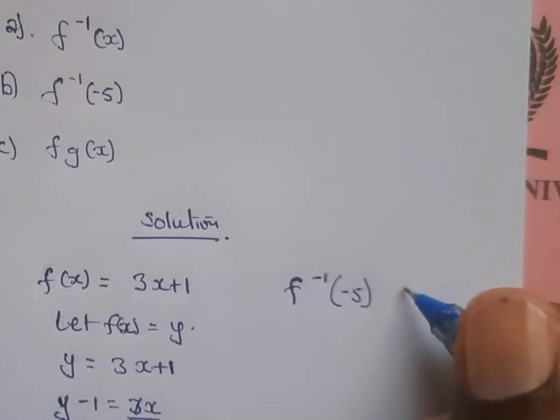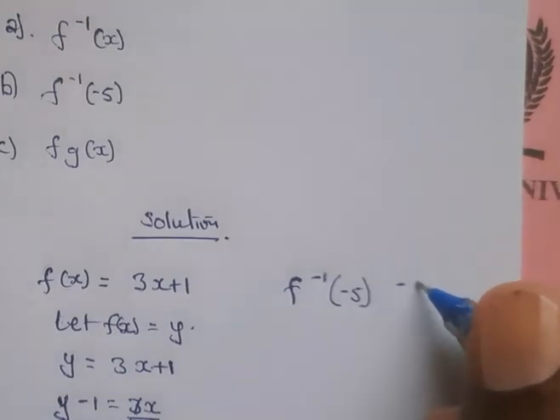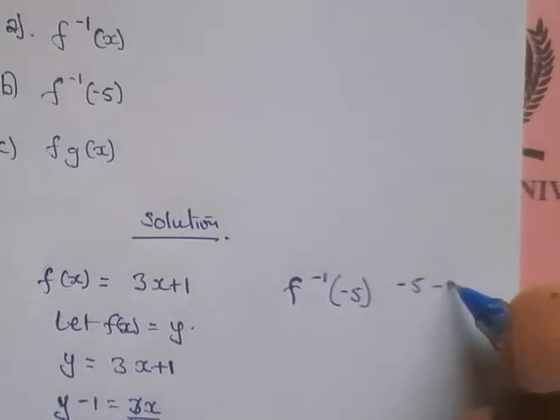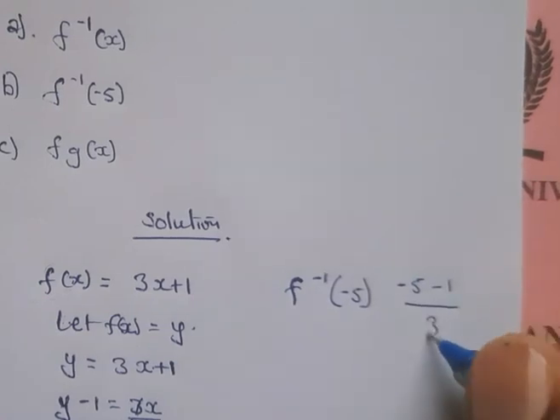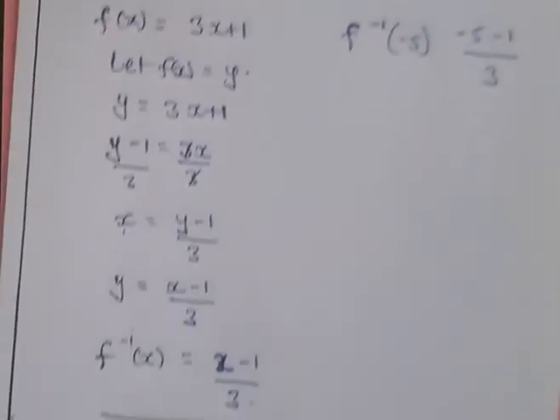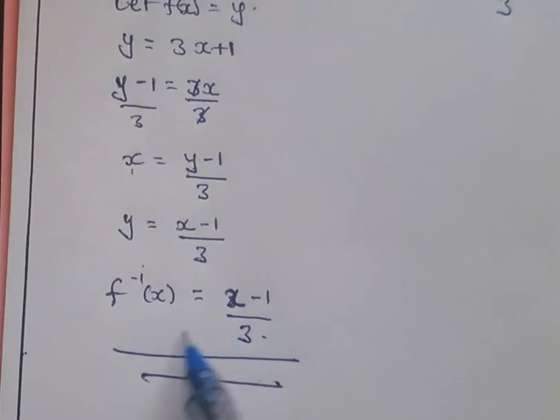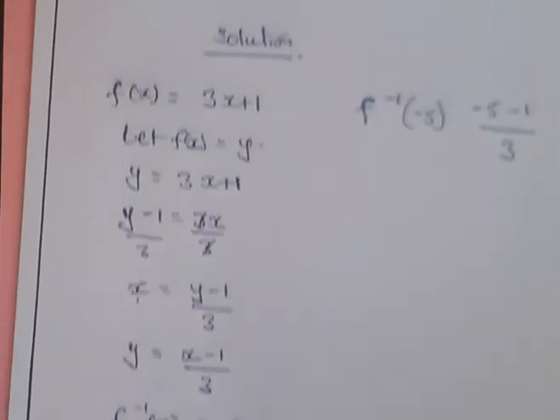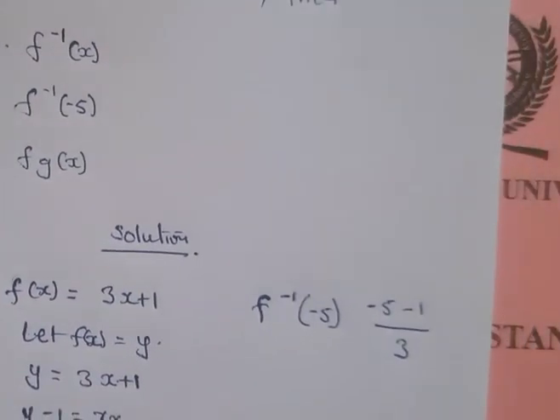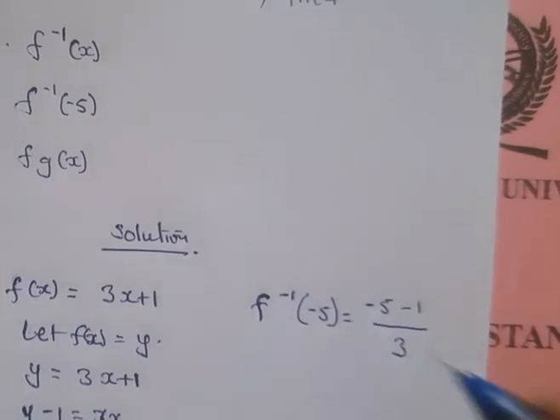Where there's x, we're going to put -5 minus 1 over 3. Where are we getting this one? We're getting this one from here, the one that we just found, the inverse of f of x. And then from there, we just do our normal calculation, or this should be an equal sign there.